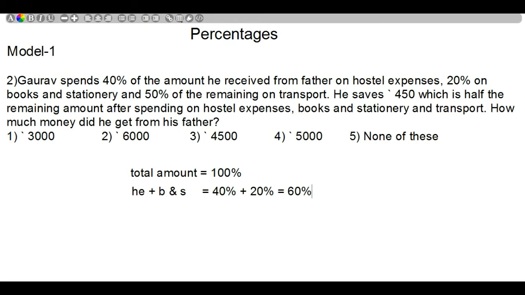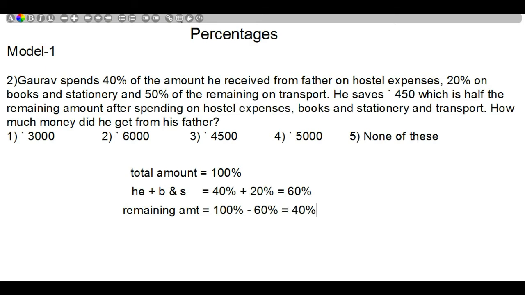That means out of 100% that he has got from his father, 40% has gone for hostel expenses and 20% for books and stationery. So which is equal to 60%. Now after spending 60%, the remaining amount is nothing but 40%. Why? Because total is 100%. So 100% minus 60% will be equal to 40%.